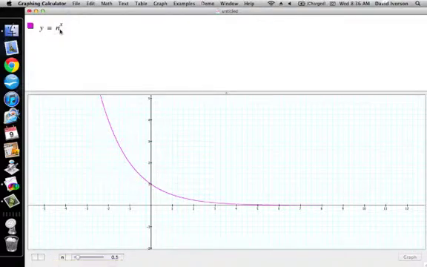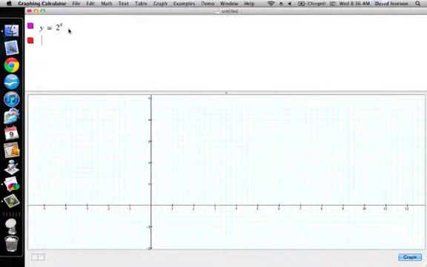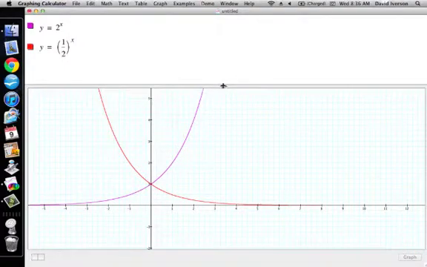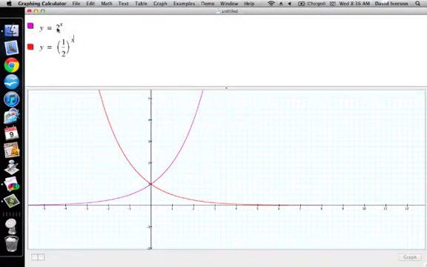So let's look at those. I want to do two functions here. There you go. So I've got y equals 2 to the x and y equals 1/2 to the x.